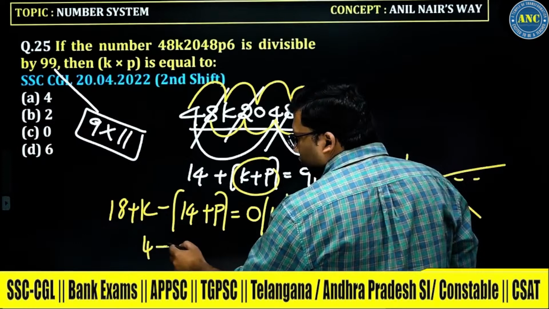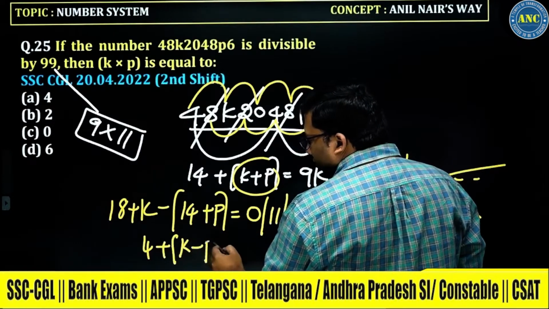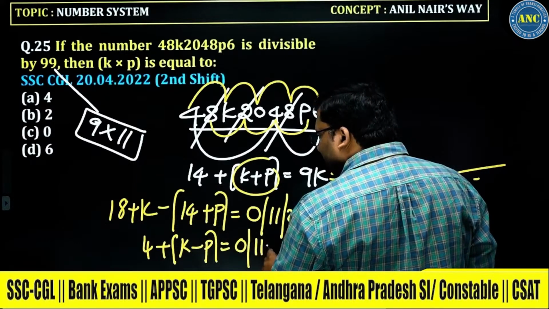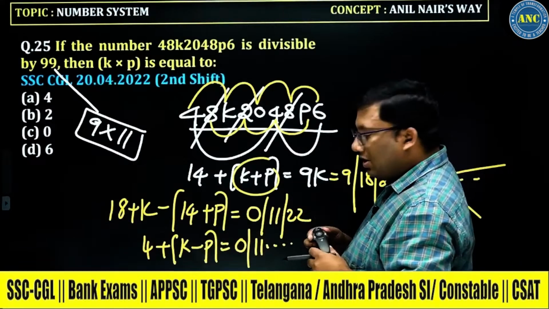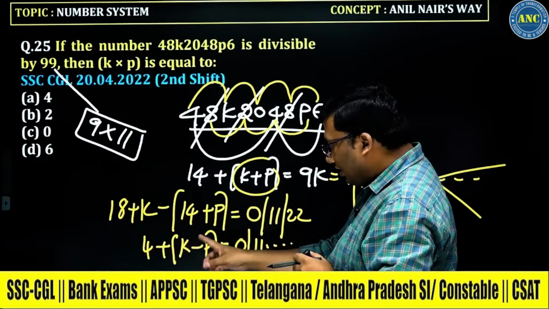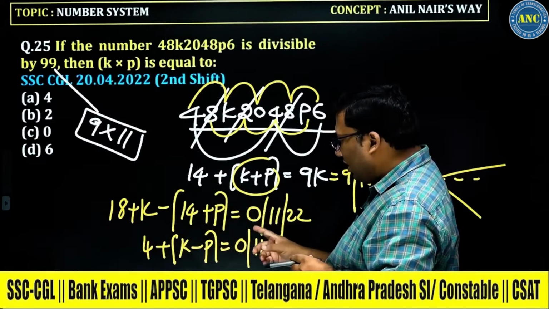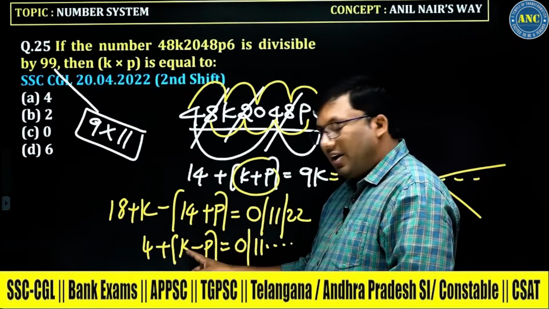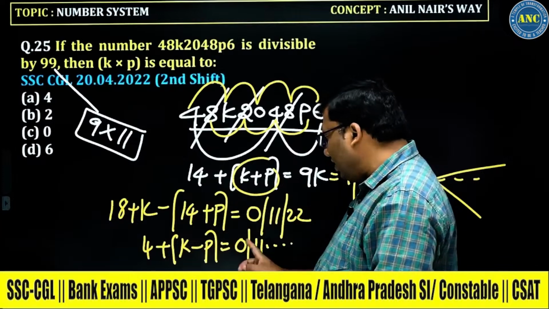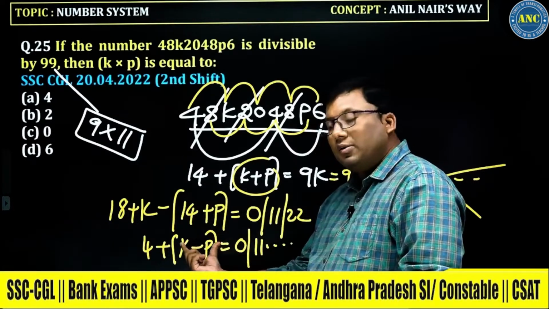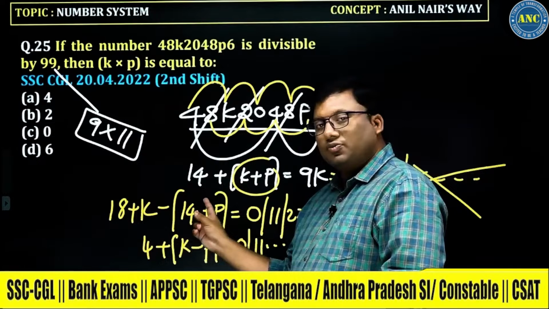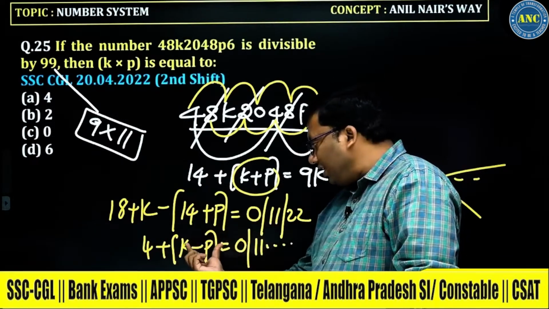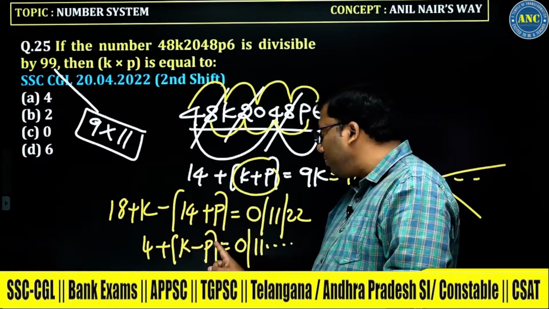So that means 4 plus K minus P should be either 0 or a multiple of 11. If I take 4 plus K minus P to be 0, then K minus P should be minus 4, since 18 minus 14 is 4.